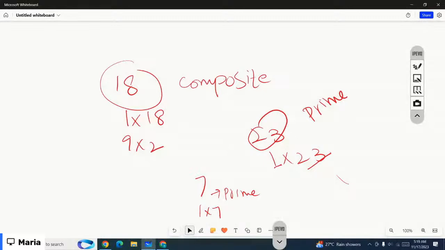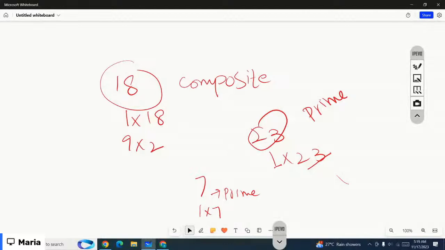If the number has only two factors, 1 and the number itself, then the number is a prime number. Got it? Seven is a prime number.